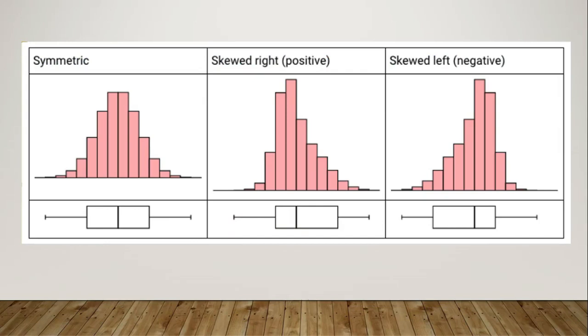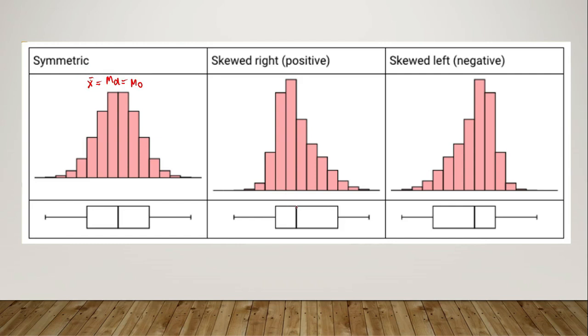As you can see, if the median is just at the center of the box, it means that the distribution is normal or symmetric. If you remember, if we have symmetric data, the mean is equal to the median and also equal to the mode.